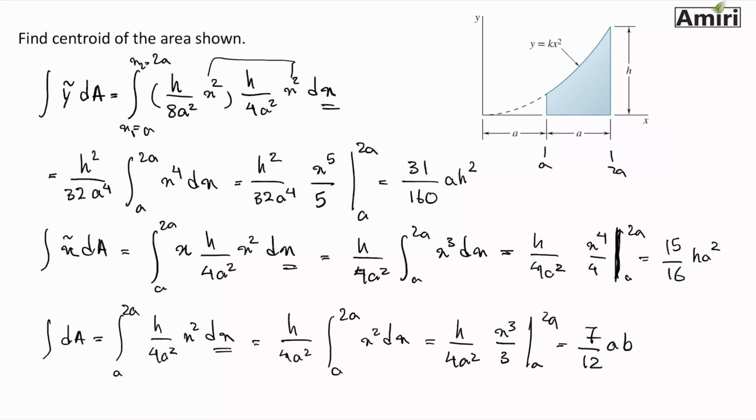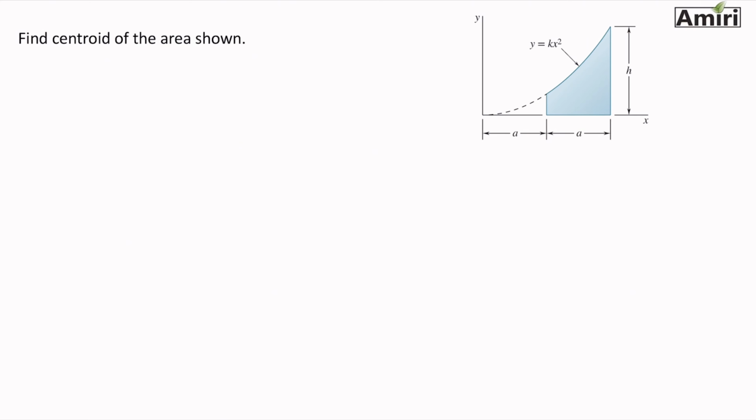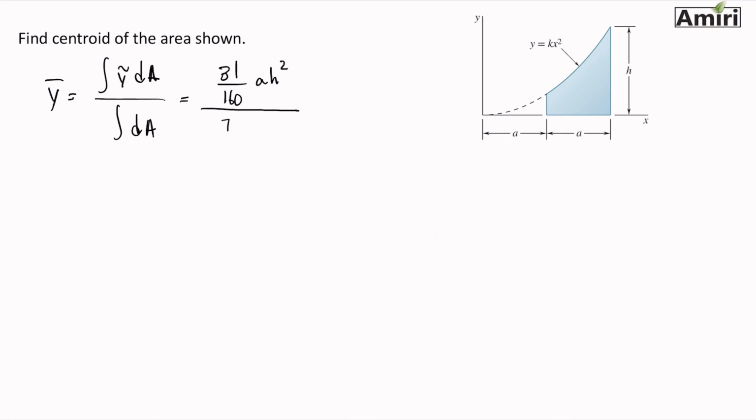All right, so let's just plug them back into the equation. Y bar was the integral of y tilde dA over the integral of dA. The numbers we have calculated, the y tilde dA integral was 31 over 160 a h squared over dA was 7 over 12 a h. So this will result in y bar being 0.332h.